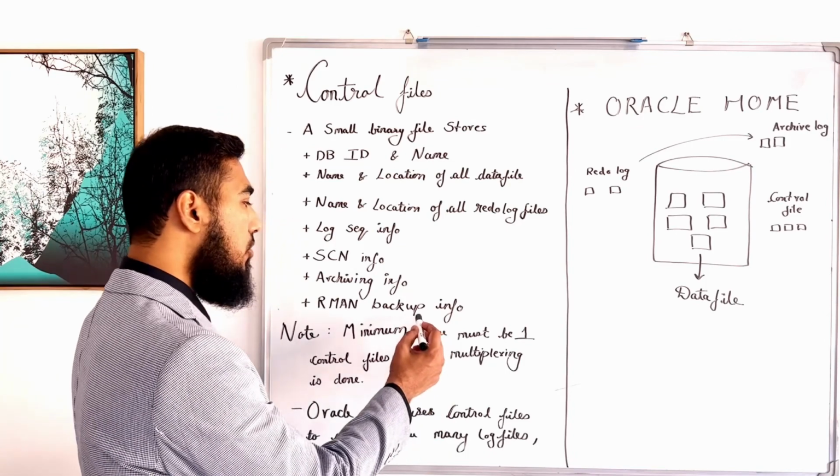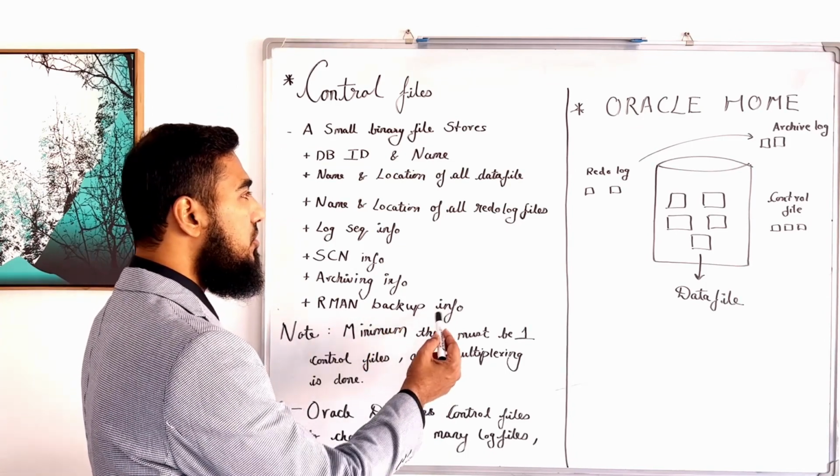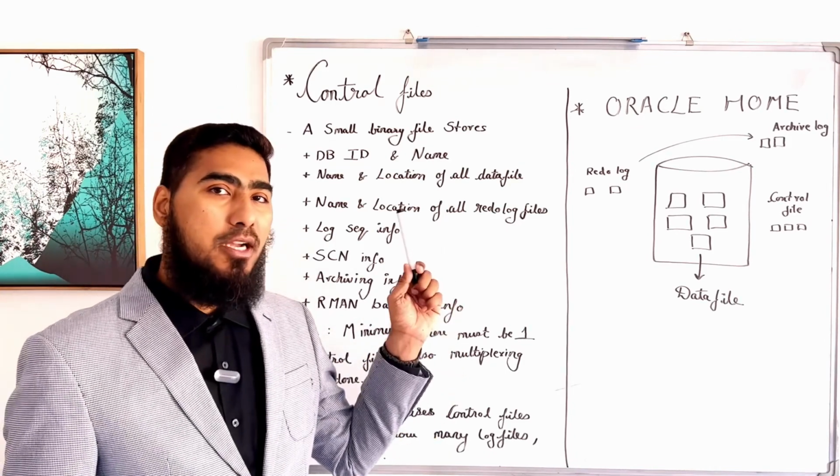So if RMAN is configured, RMAN backup information would also be stored in the control file.